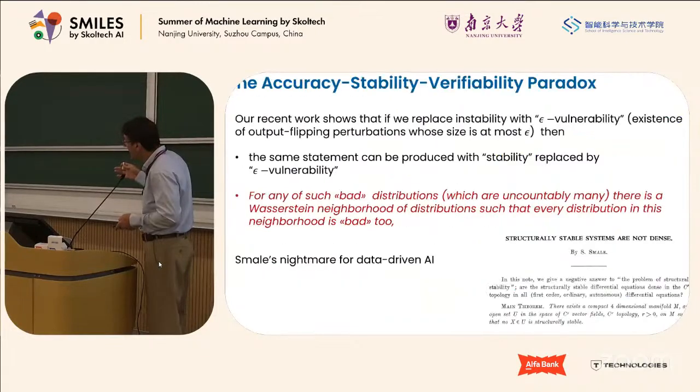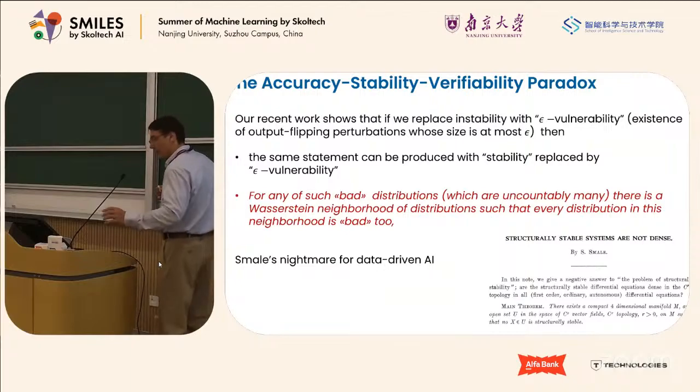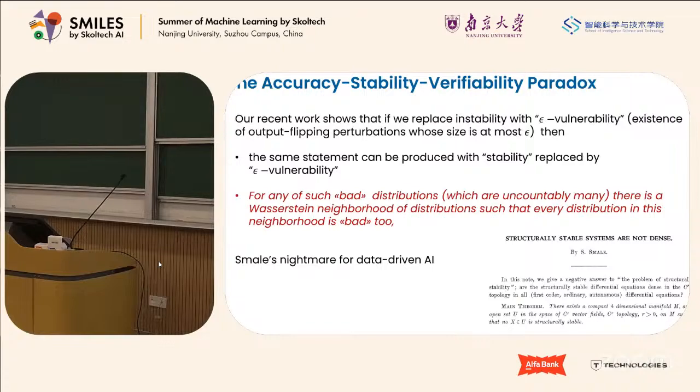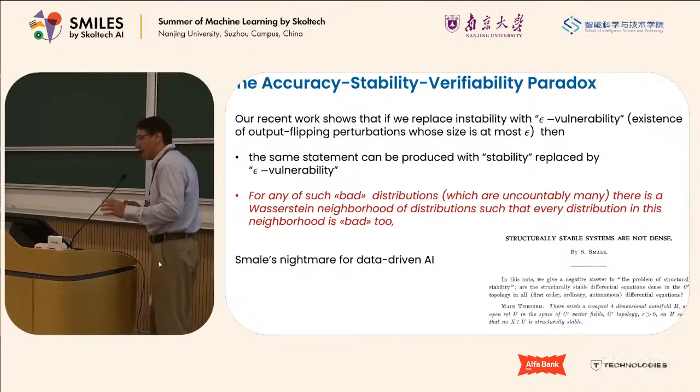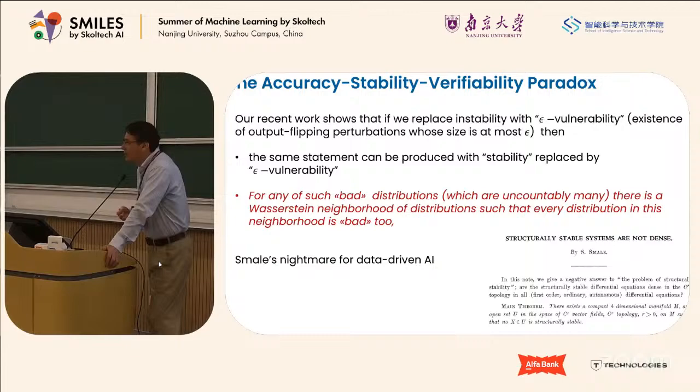In exactly the same way, the theorem which I presented. What I'm saying is this: there are systems, or there are distributions, and there are uncountably many distributions which are bad. But uncountably many is a very vague thing. Is it really bad? Are they really numerous? Can I assign a measure 0 to these uncountably many distributions?